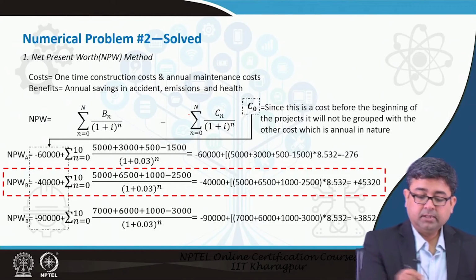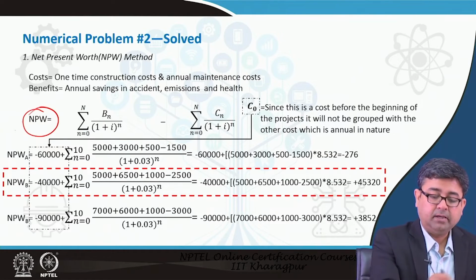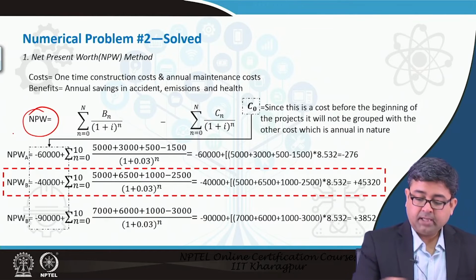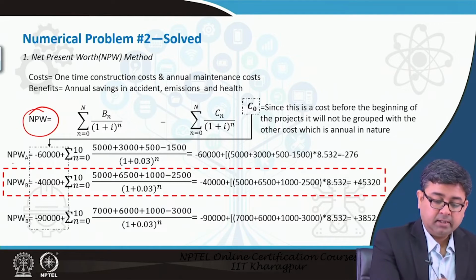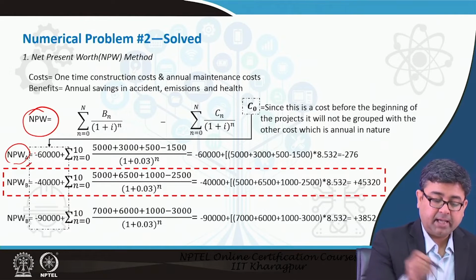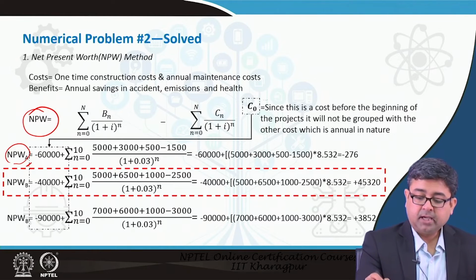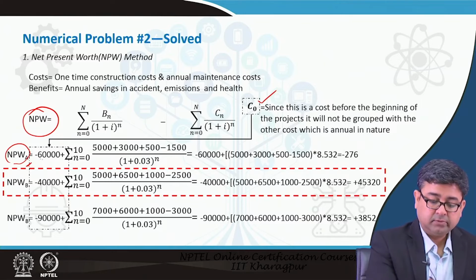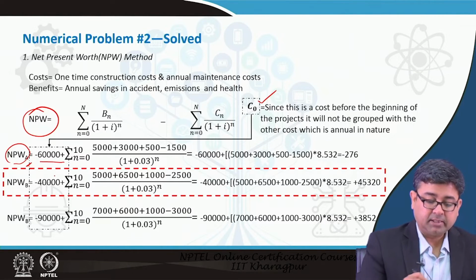So, using this formula for NPW, we look at what is the net present worth of project A. Project A has an initial cost, which has to be subtracted, so that is a negative 60,000.